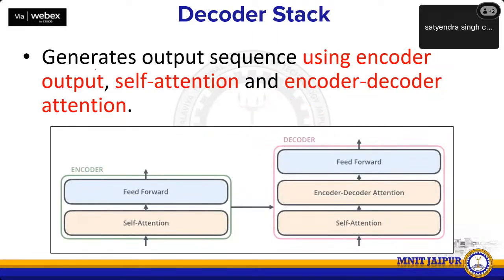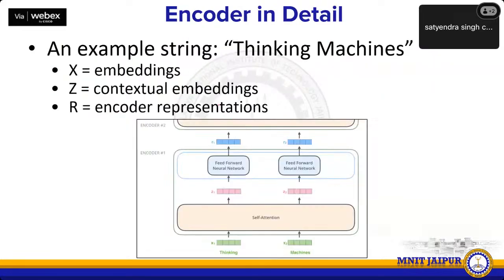So the decoder stack generates the output sequence using the encoder output. It uses the self-attention mechanism, encoder-decoder attention, and the feed-forward. There are some extra layers on the decoder side.